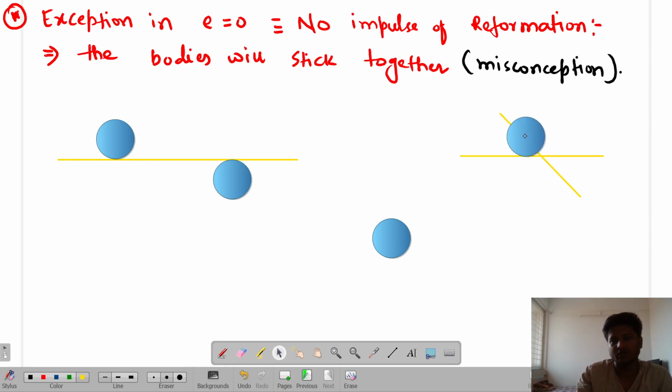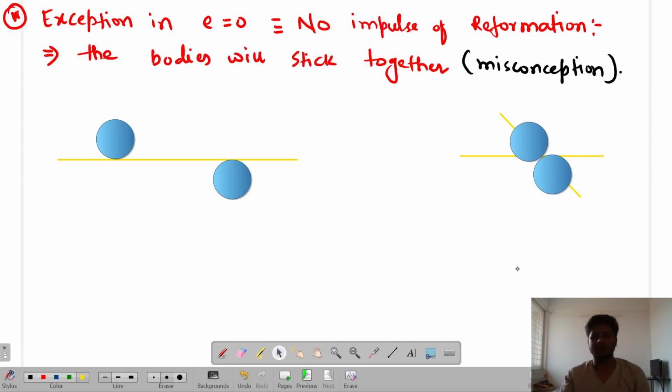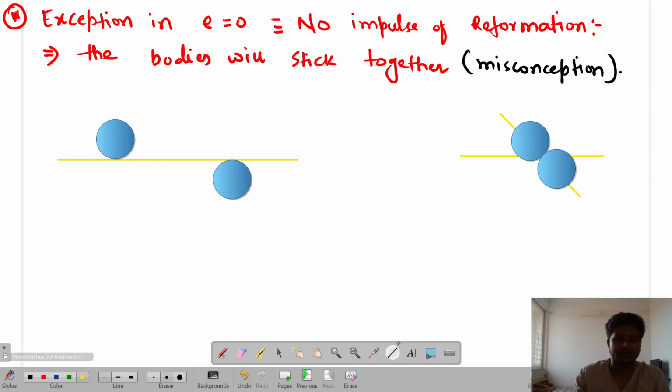This starts to move along this direction, and this starts to move along this direction, isn't it? Are you able to get me? Okay. So look over here. This body was moving in forward direction with some velocity v naught.